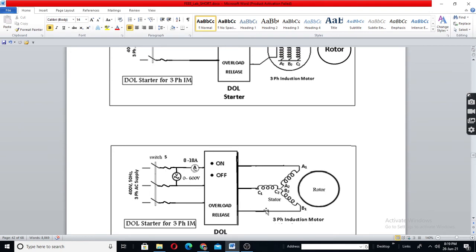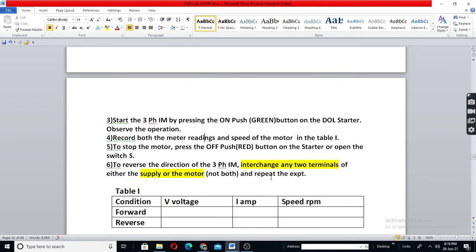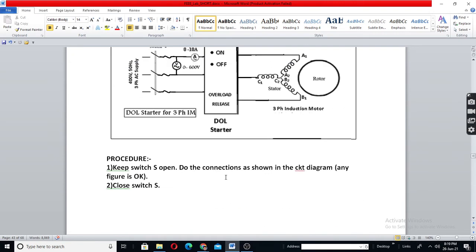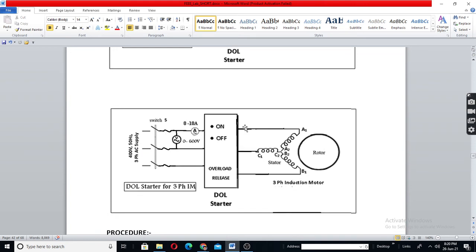You can do it anywhere, but not both. Any two terminals of either the supply or the motor. If you do both, it will again become the same direction because minus of minus is positive. At one interchange, the direction will become reverse. Because when you interchange the terminals, the rotating magnetic field's direction will get reversed.